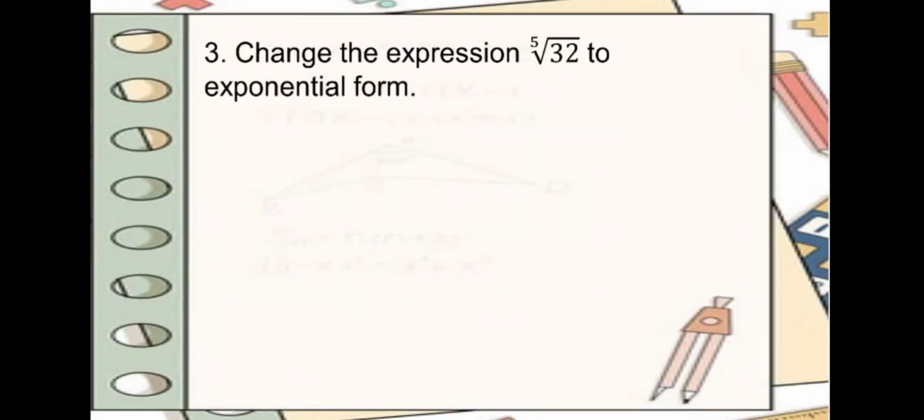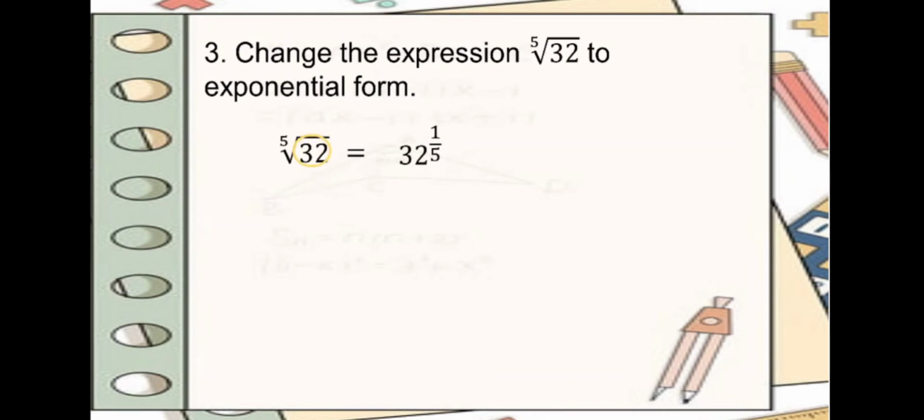Number 3, change the expression fifth root of 32 to exponential form. So, ang given naman natin ay naka-radical form. So, kailangan natin siyang i-transform into exponential form. So, kopyahin muna natin yung given equals 32 raised to 1 over 5.